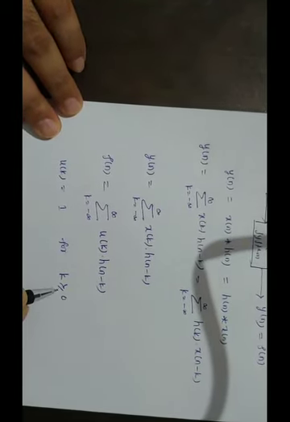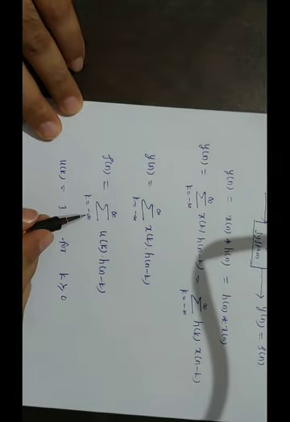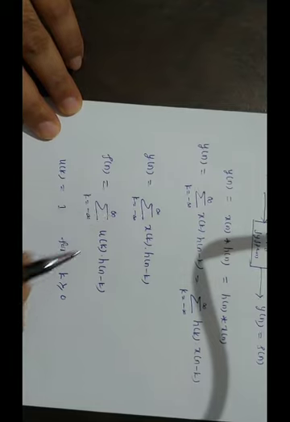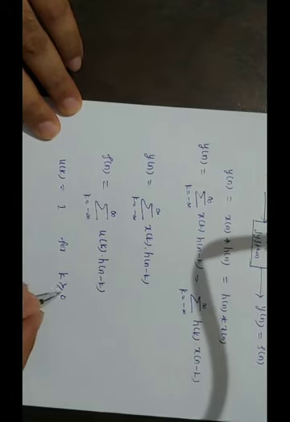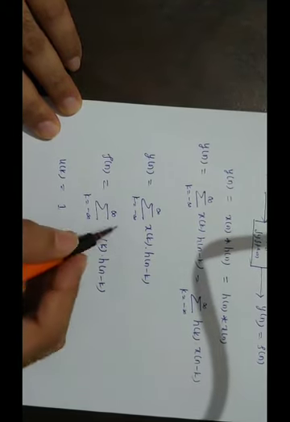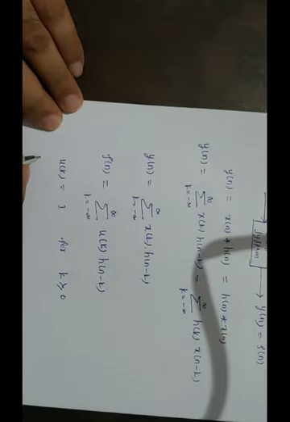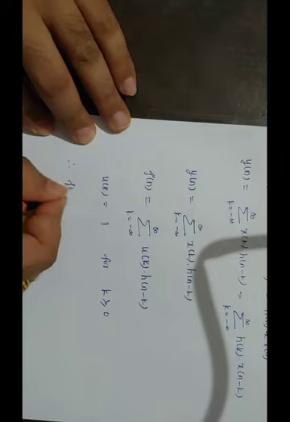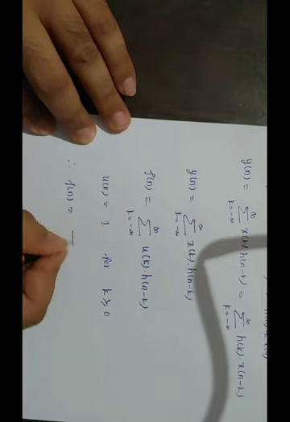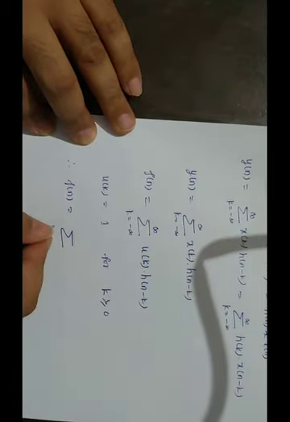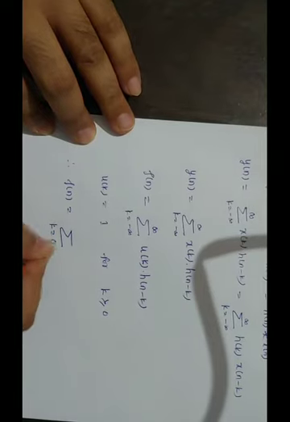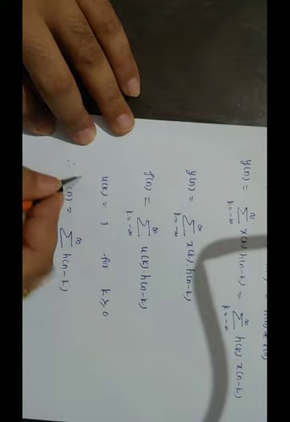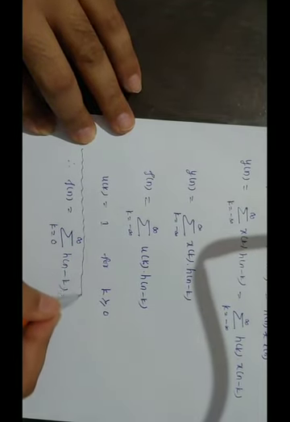Instead of minus infinity I have to start from 0, and it goes up to infinity, since k may be any value greater than or equal to 0. Therefore s of n equals summation of k equal to 0 to infinity h of n minus k. So this is the formula.